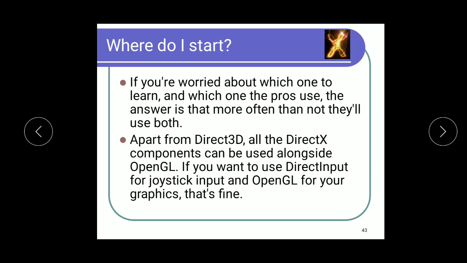So where do I start? If you are worried about which one to learn, the pros and cons: apart from Direct3D, all the DirectX components can be used alongside OpenGL. So both can be preferred. If you want to use DirectInput for joystick input and OpenGL for your graphics, that's fine. You can go for any function which you want.